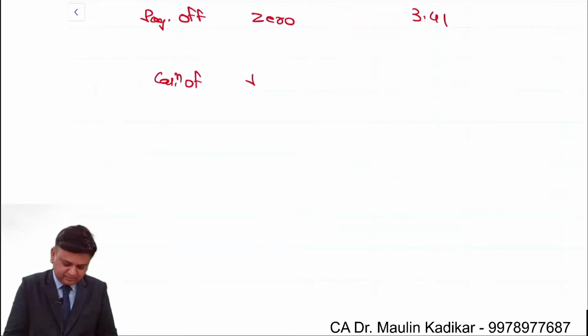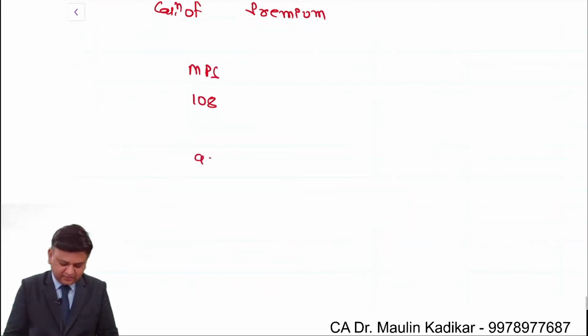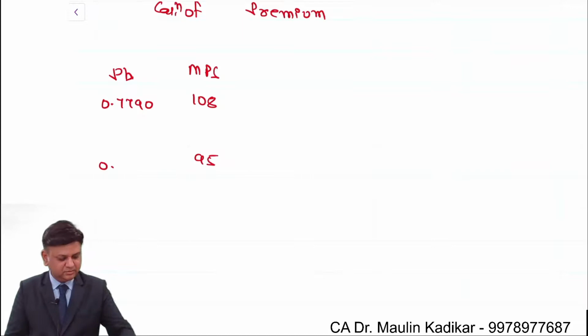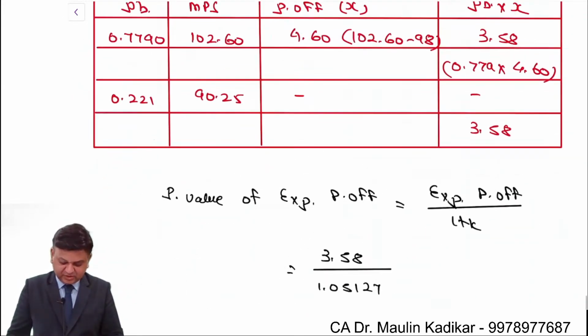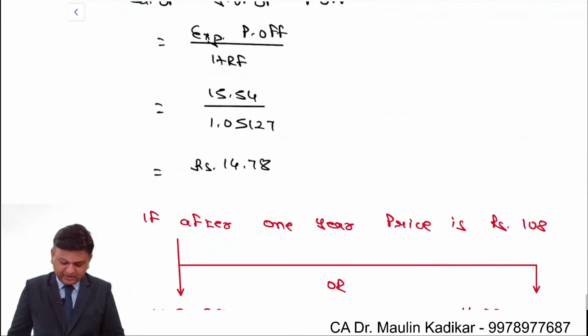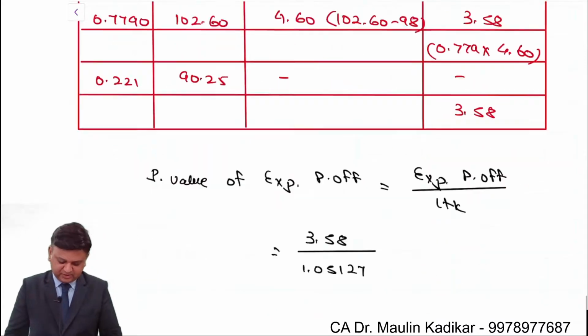Calculation of premium. Market price of the share will be either 108 or 95. Probability 0.7790 and 0.221. Payoff: if the price increases to 108, the payoff value is 14.78.